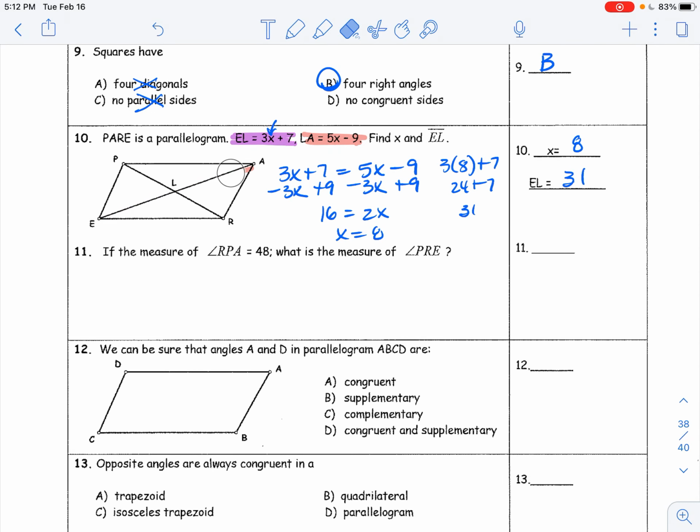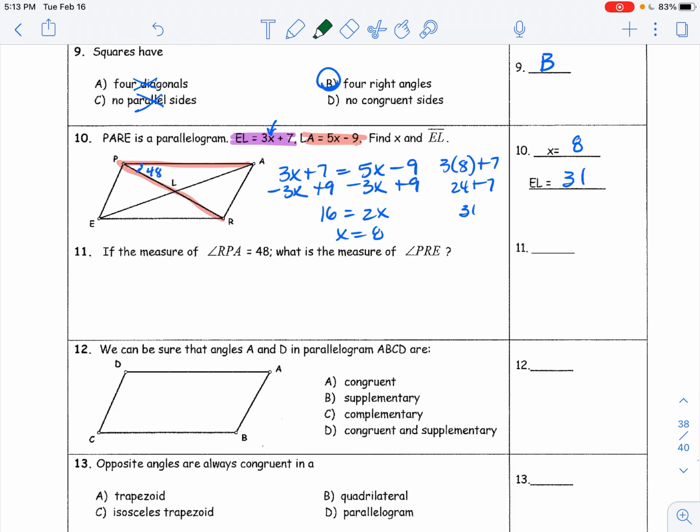Question 11, if the measure of angle RPA, all right, so let's see what that is. R to P to A, this is the angle we're looking at, is 48. What is the measure of PRE?